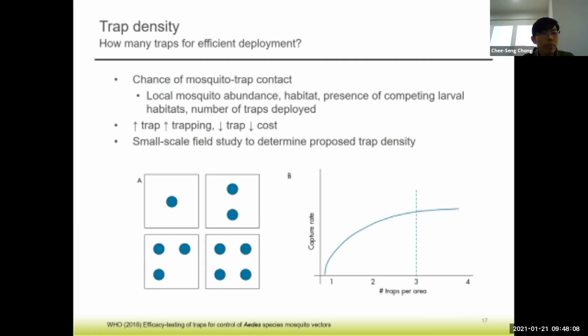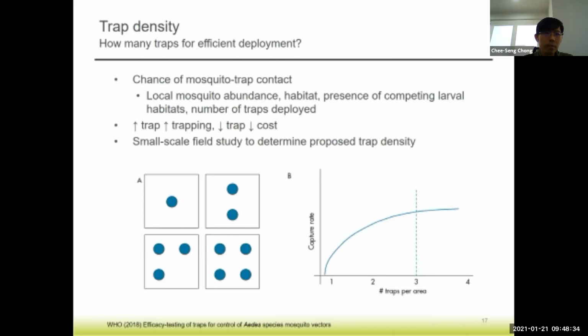A lot of times the question will be, how many traps for efficient deployment? It's very much dependent on the mosquito and trap contact time, which is also dependent on the local mosquito population itself, the habitat, and whether there are other competing larval habitats and so on.